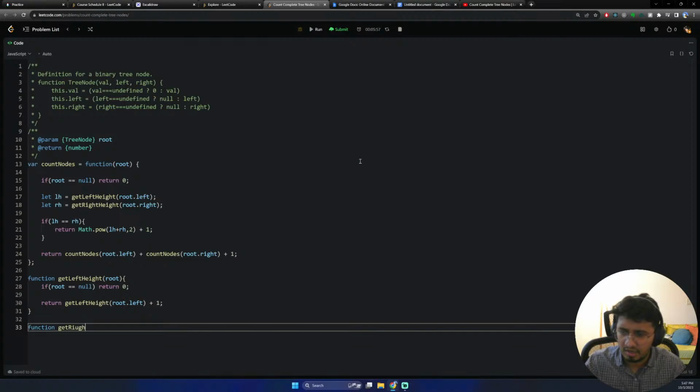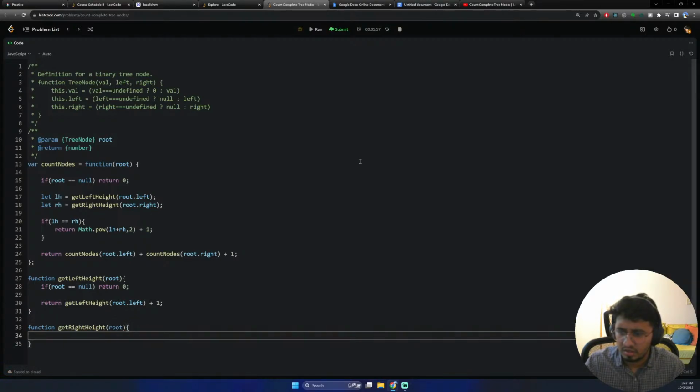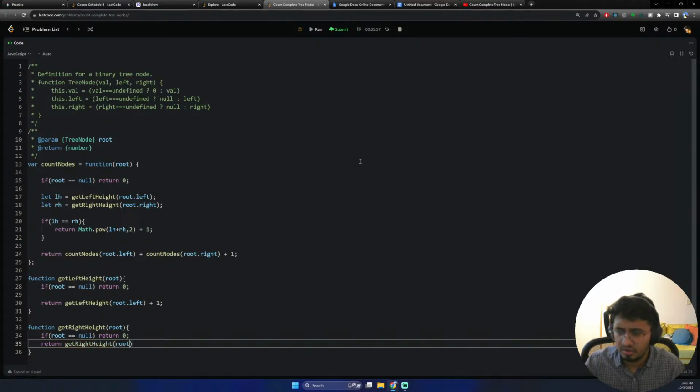And get right height root, similar thing: if root equal to null, then return 0, then return get right height root dot right plus 1.